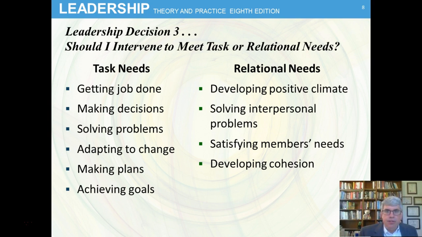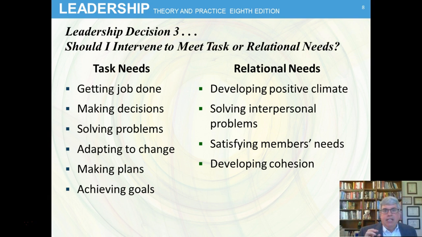And depending on the needs, those are the type of behaviors, the leadership interventions that are necessary. For example, some task needs are: are we not getting the job done? That would be a need to focus on the task. Making decisions, solving problems, adapting to change, making plans, achieving goals are all related to task needs.